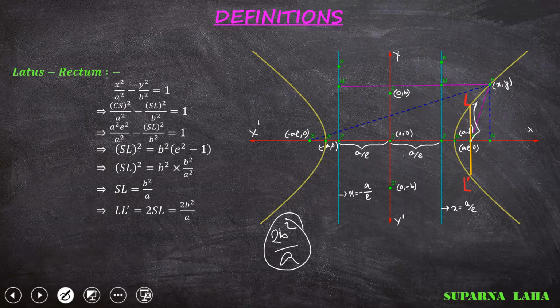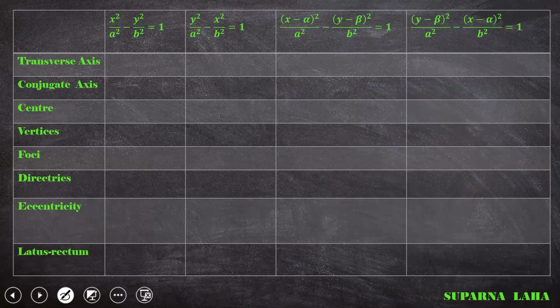There are so many similarities and their equations are almost the same type, just a difference of a plus and minus sign. So here are the different kinds of equations of the hyperbola. The first equation is x square by a square minus y square by b square equals 1. So the transverse axis is the x-axis, and the length of this transverse axis is 2a.